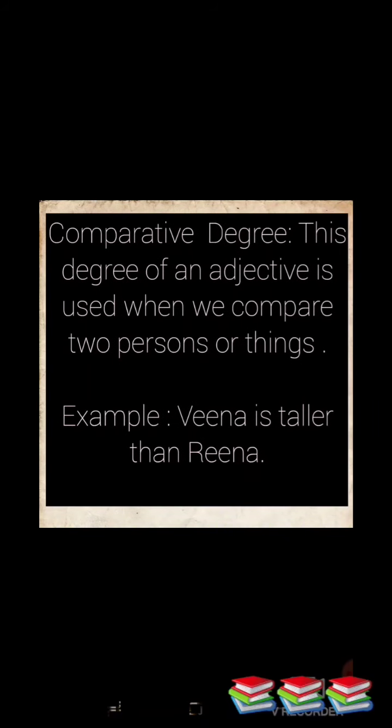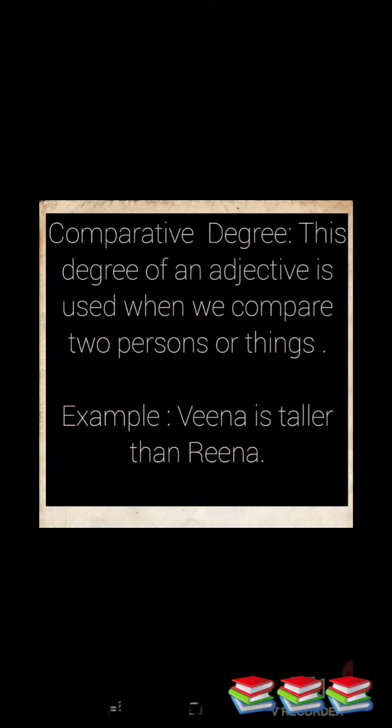Next one is the comparative degree of an adjective. This degree of an adjective is used when we compare 2 persons or things. Simply, when we are comparing 2 personalities, 2 things, 2 groups, it comes under the comparative degree of adjective. Example, Veena is taller than Reena.